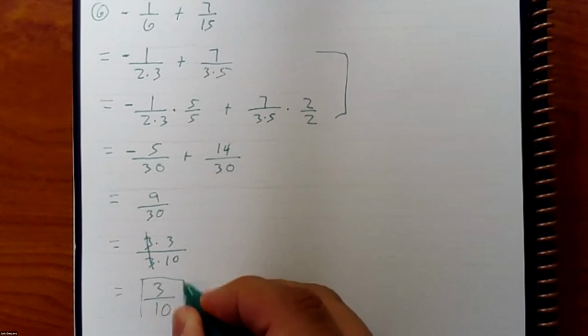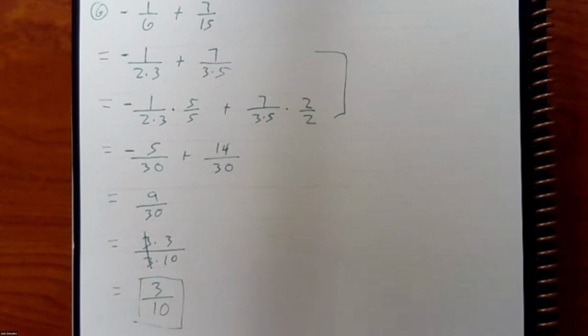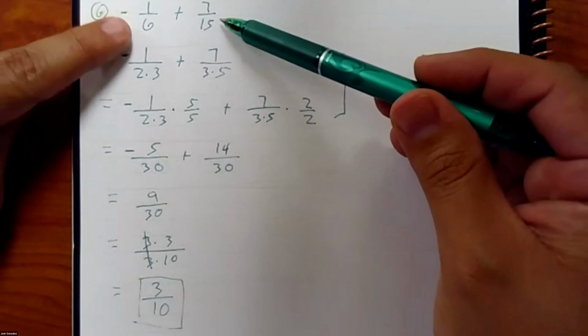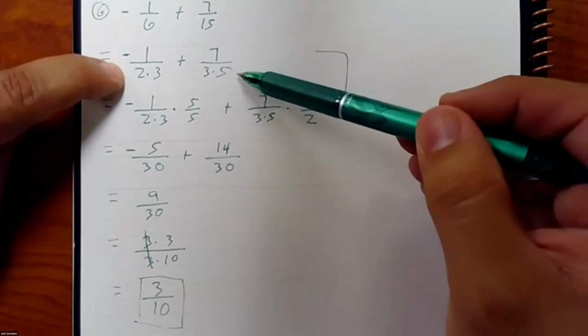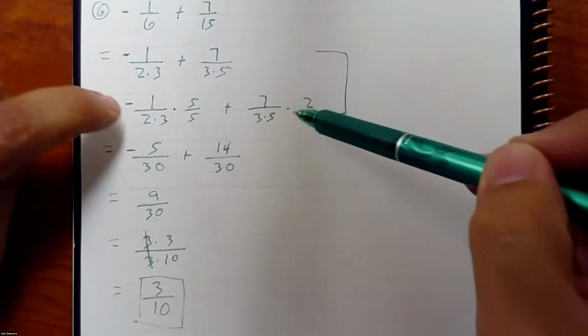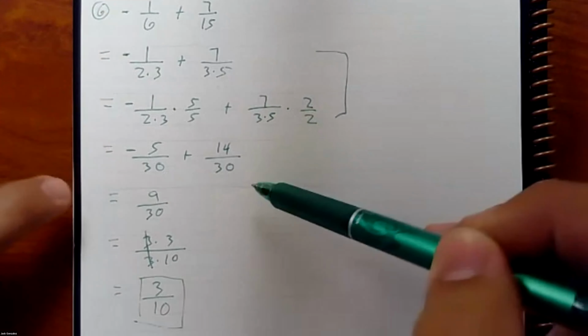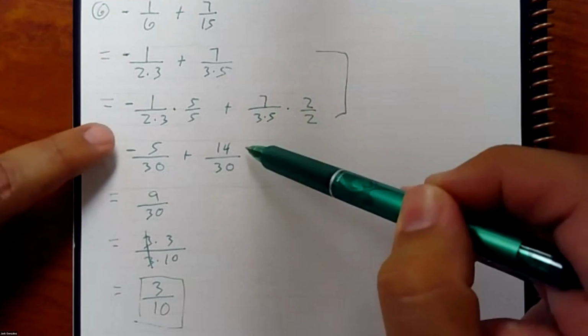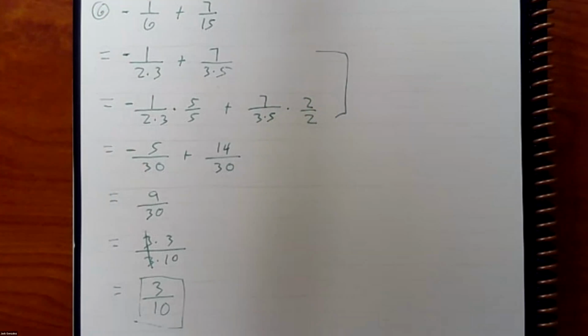That's where they got this guy. 3 over 10 is it. Yeah, so you have to get the common denominator. The easiest way to spot it is just to break down whatever's down there into prime numbers, and then introduce whatever they're missing until they are exactly the same. And then once they're the same, add or subtract. That's it.